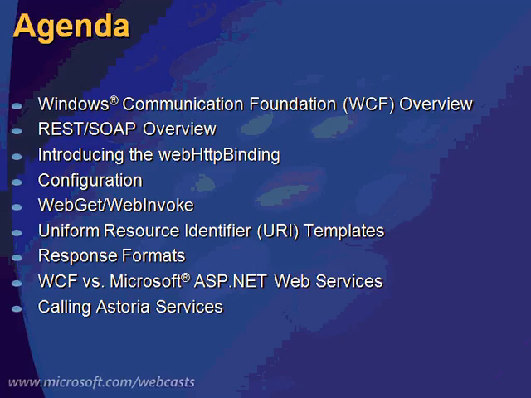Once we've introduced REST, we'll see how the web HTTP binding provides the functionality to expose RESTful endpoints. Beyond that, we'll walk through some of the really Ajax-specific functionality within that binding. We'll see how we can use that binding to automatically generate client proxies that Ajax can communicate with by simply adding an endpoint behavior.